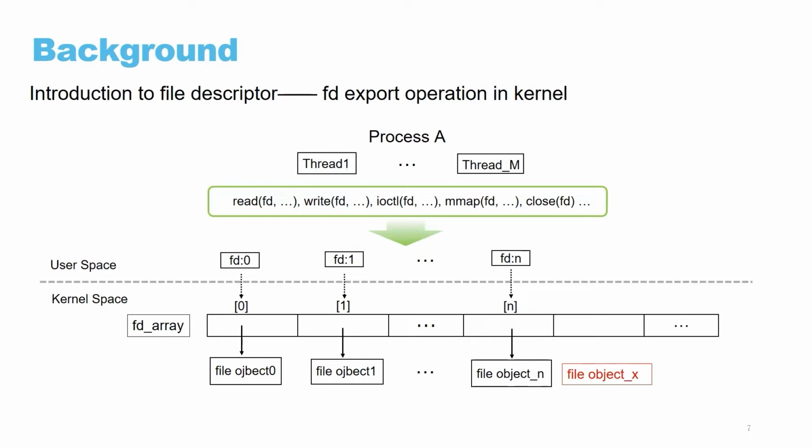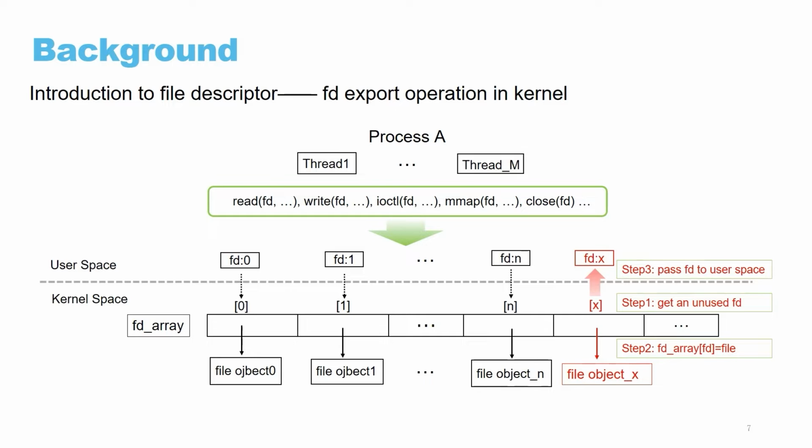The FD export operation in kernel is divided into 3 steps. For example, here is a file object X, and we want to export it as an FD. The first step is to get an unused FD, which is X. Second step is to set up the FD array to make sure the element of FD array indexed by the FD point to the file object.